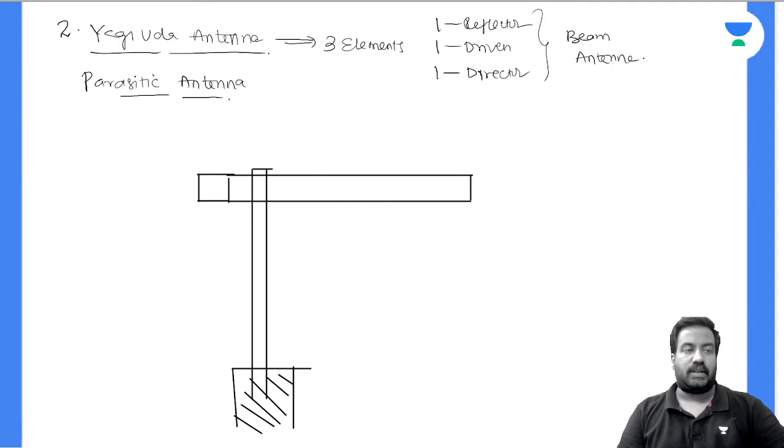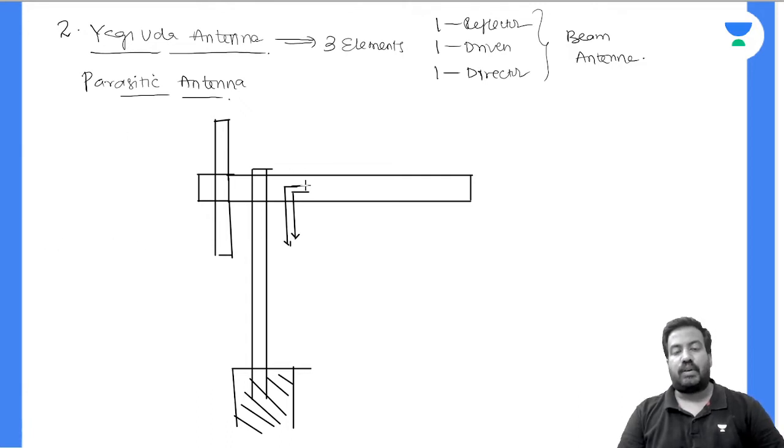Here is a reflector. This is a driven element.